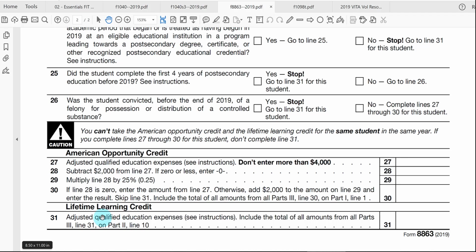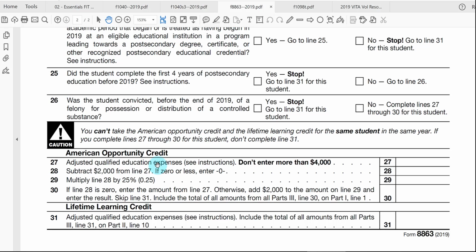Even if you're required to buy textbooks by the class or the college, it may not be a requirement to register for the class, so that disqualifies the cost of the books for lifetime learning, but it still would be eligible for the American Opportunities credit.